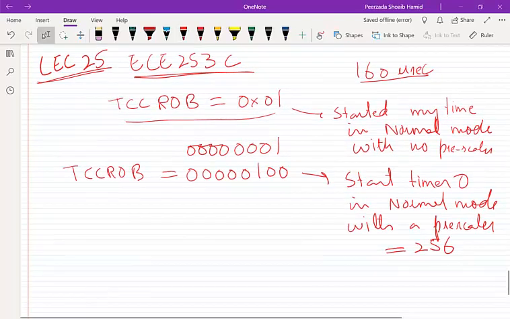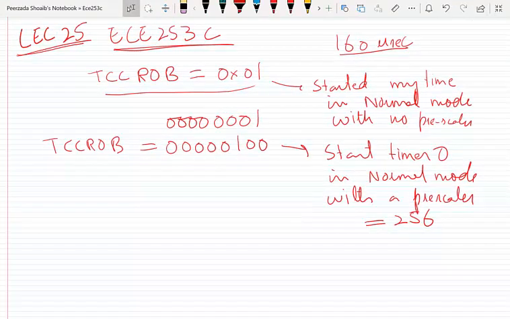So what will happen? My timer will not count at a speed equal to the crystal frequency, but at a speed lower than the crystal frequency by a factor of 256. My crystal frequency is 16 megahertz.